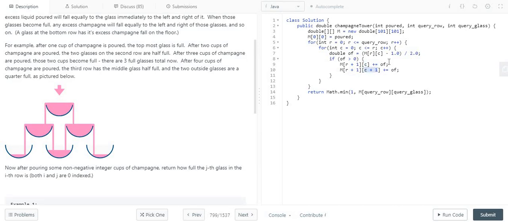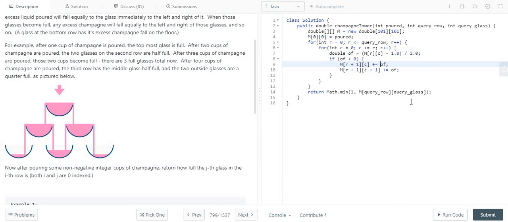Whatever overflow is there is added to the initial value. That overflow value, 0.5, and if the next iteration has again 0.5 or any further value, it will keep on adding over here. That's the whole idea, and this way it fills up all the levels of that matrix.